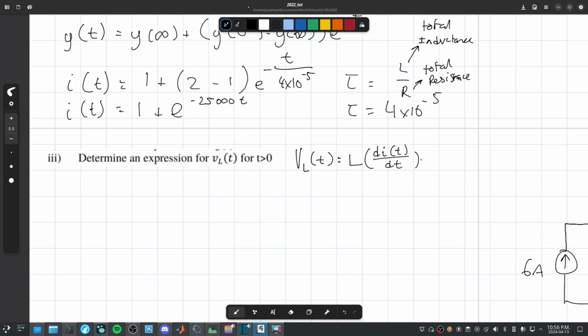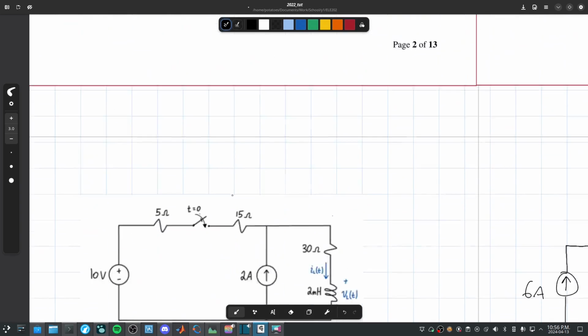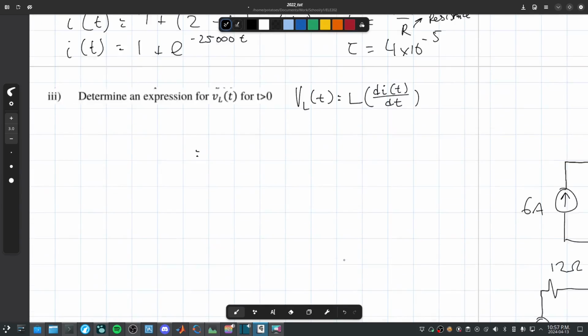Sorry about the coughing. So our inductance, if we scroll up to the top here, is 2 millihenries, or 2 times 10 to the negative 3 henries.